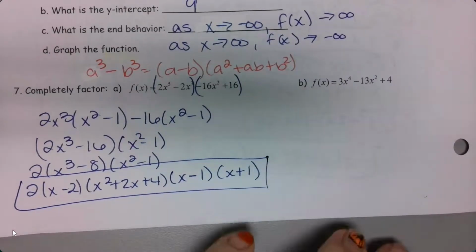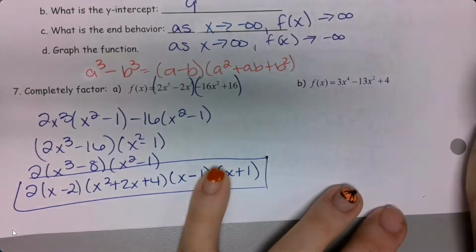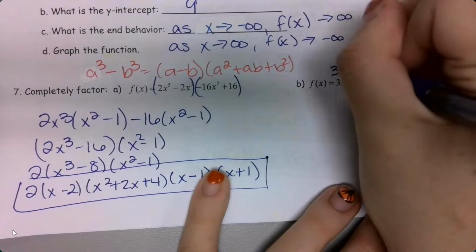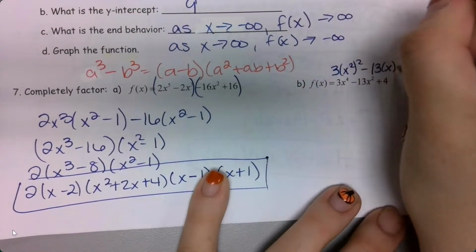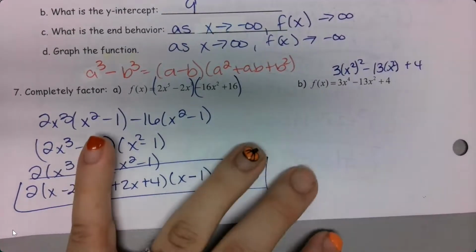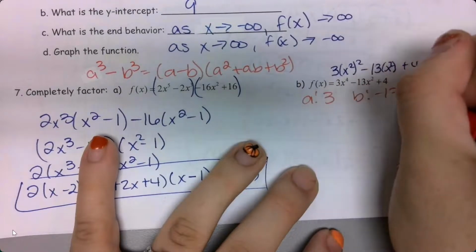For B, it's in a quadratic form. So I have something like 3x squared squared minus 13x squared plus 4. So I'm going to use my AC method here. My A is 3, my B is -13, and my C is 4.